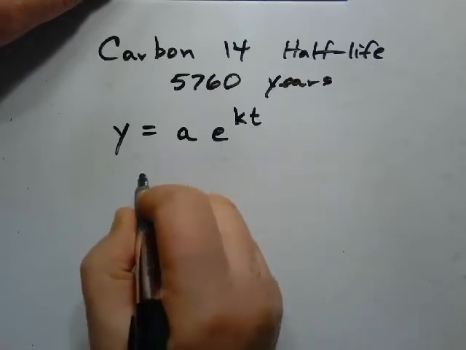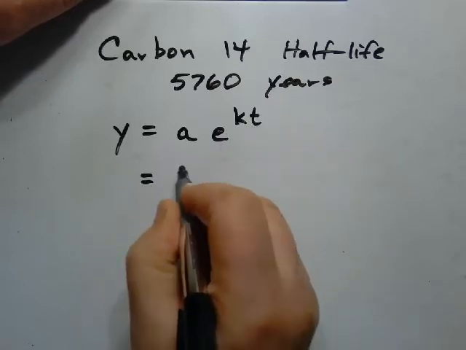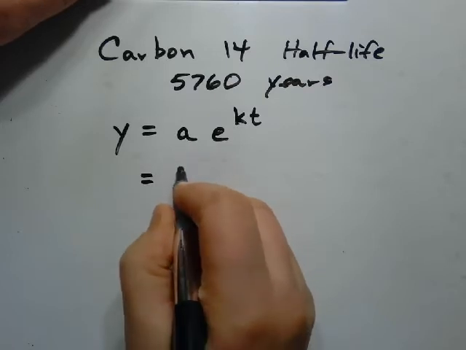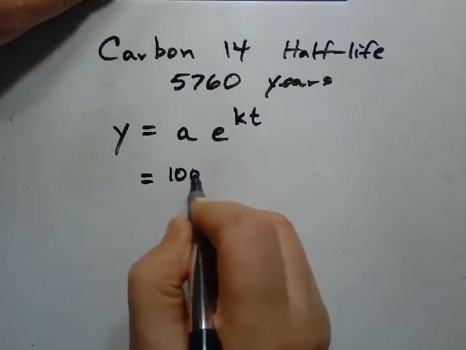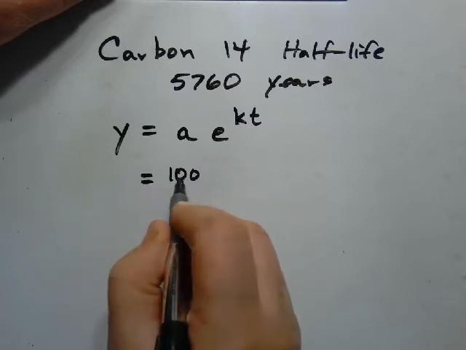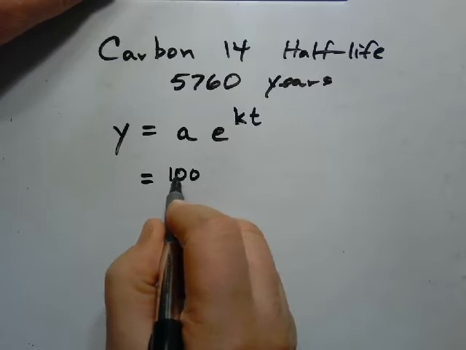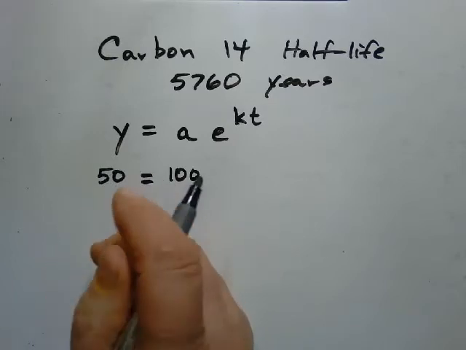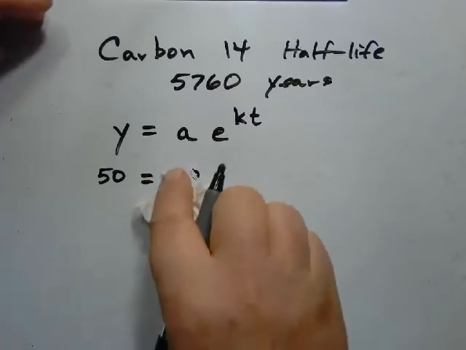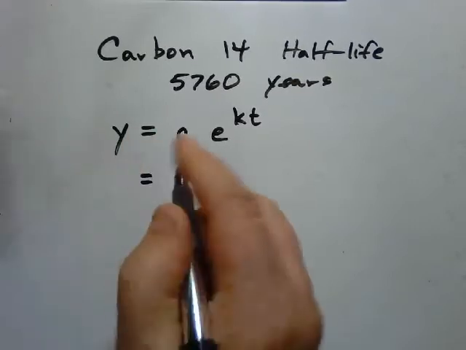Now, it doesn't really matter what number we put in here for a. We could put any number in here, 100 or 1 or 50 or whatever, but half of that in the future would be 50. Or, doesn't matter if we use 100, we could use 1,000.